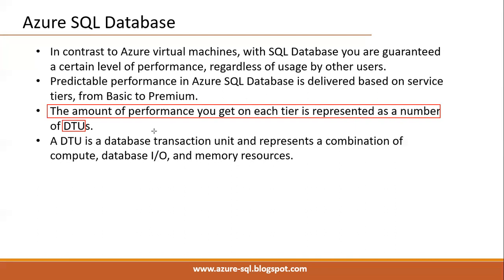There, one DTU will allow multiple transactions in parallel in the case of standard and premium. Just remember, we'll see the differences again. One DTU is for one transaction, for example.